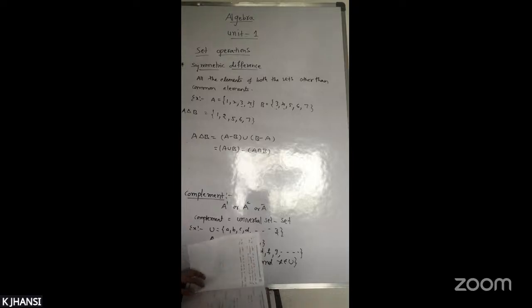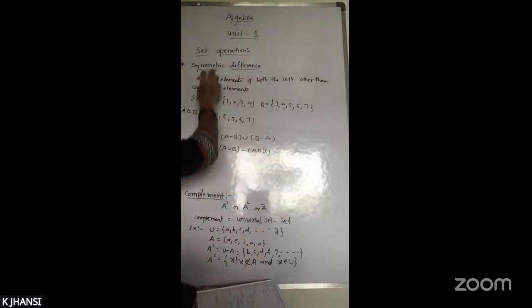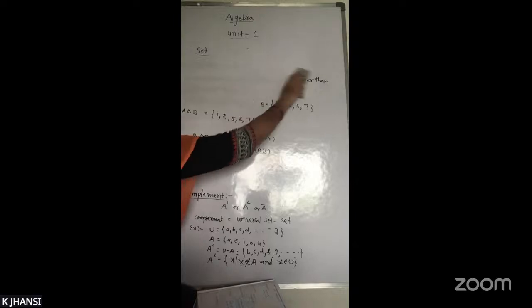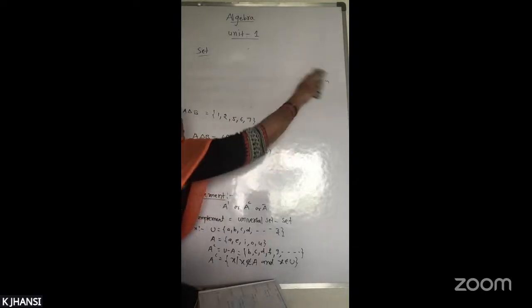For solving problems and theorems, we need to know the identity property and also the associative and commutative properties. Some properties you can see in the textbook. These properties are important.